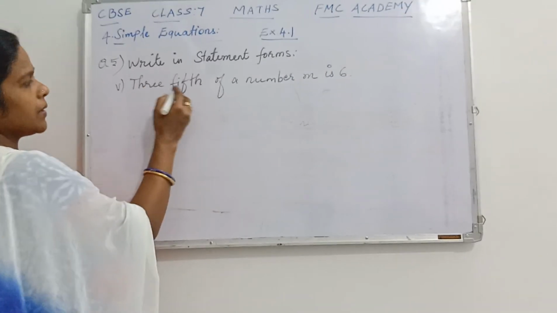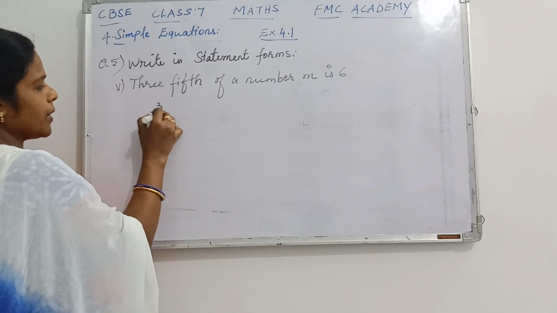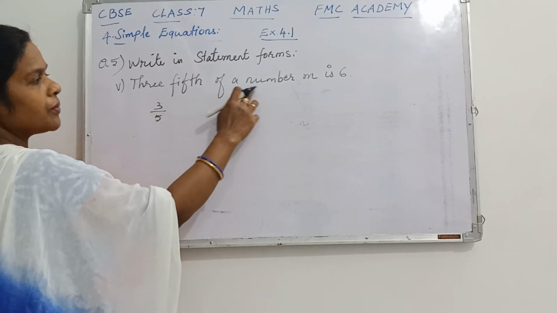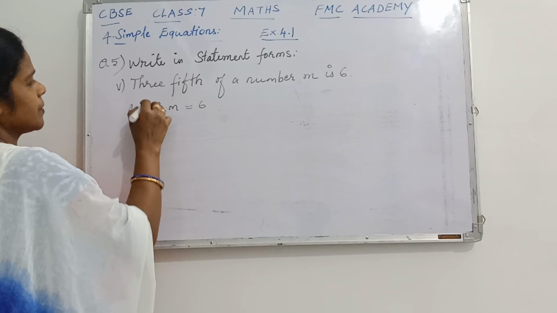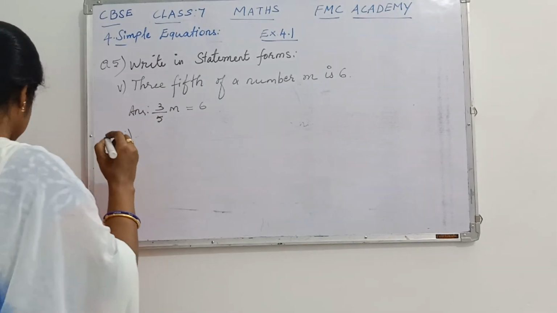So how do you write? 3/5 means 3 by 5. 3/5 of a number. Which number? m. So m is 6. That's it.